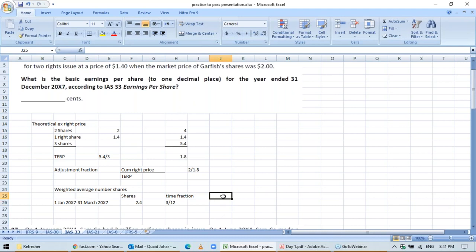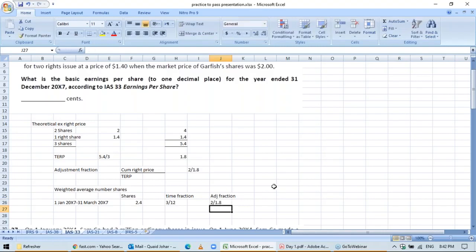Now, we will also put an adjustment fraction over here. The adjustment fraction will be applied to all shares that were outstanding prior to the right issue. So the adjustment fraction is 2 divided by 1.8.